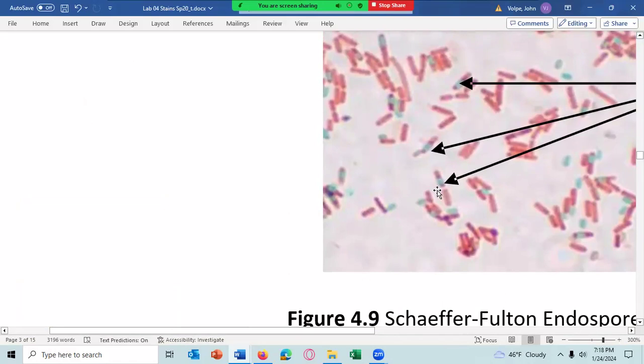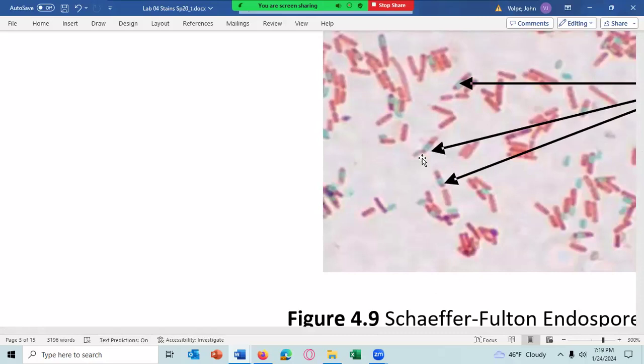You can use that as well as the position of the endospore, meaning is it centrally located or is it located off to one side? In this case, the cells which are positive for the endospore stain do pick up the green of the malachite green, because it goes into the endospore and then stays there, doesn't come off.